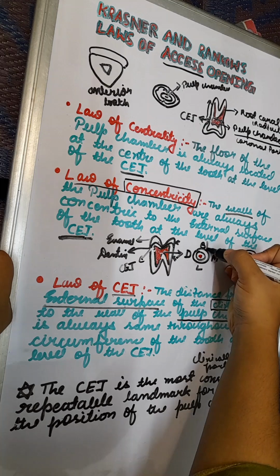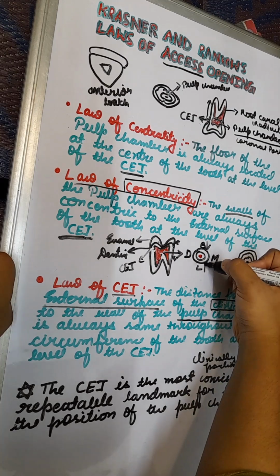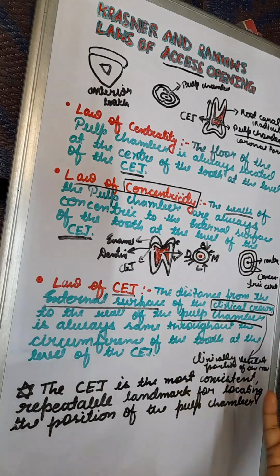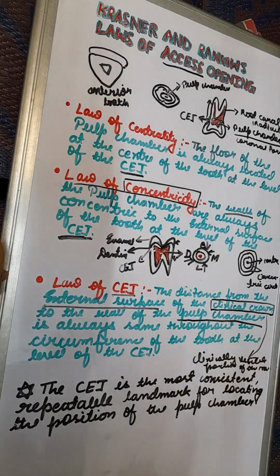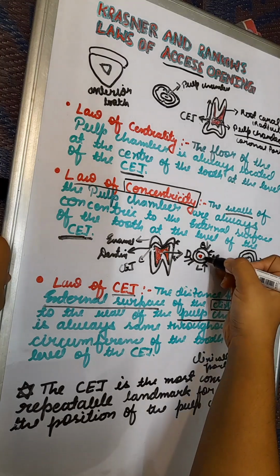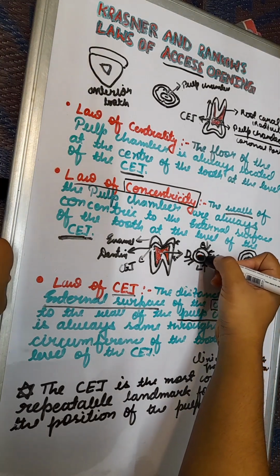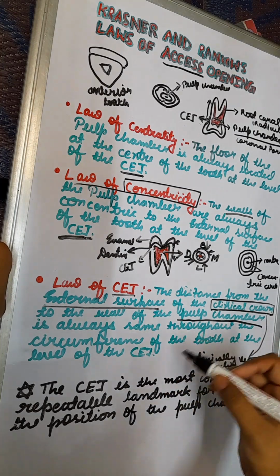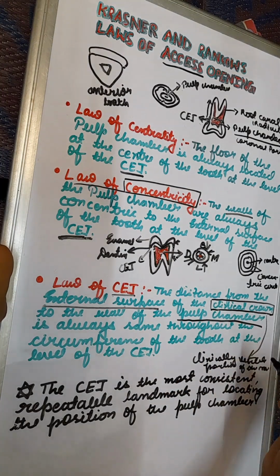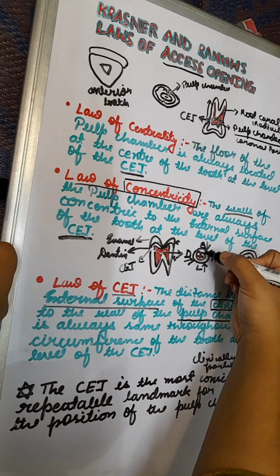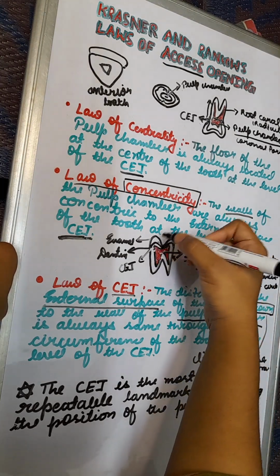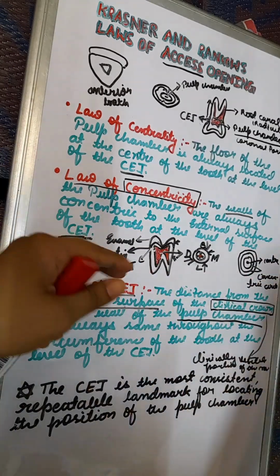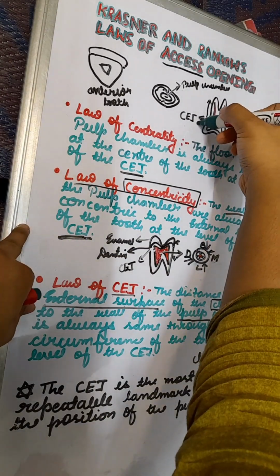When we approach from the buccal side, from lingual, from mesial, or from distal, these are all the walls of the tooth, and there are the walls of the pulp chamber also. The distance is always the same throughout the circumference of the tooth. This is the circumference of the tooth.